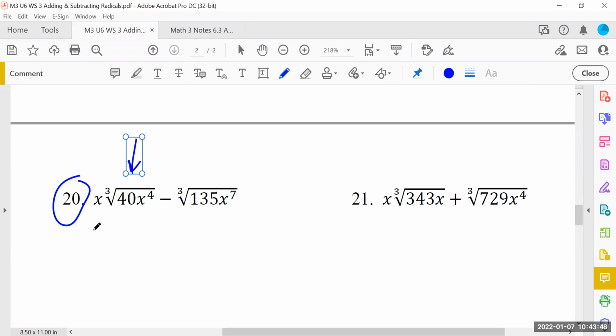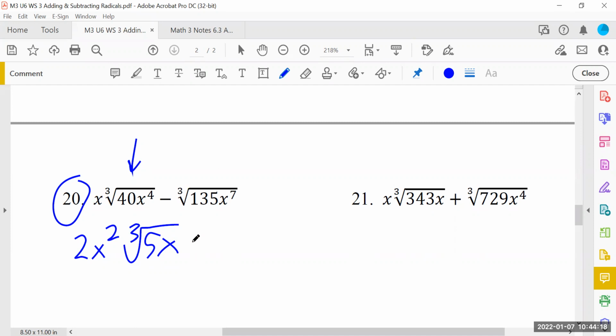What'd you get? Yep, that is exactly right. 2x squared cube root of 5x. Because again, that 40 has a set of 3 2s. Take those out, take out a set of x's, but we were left with a 5 and an x left inside. We had that other x that was already out there. X times x is x squared.